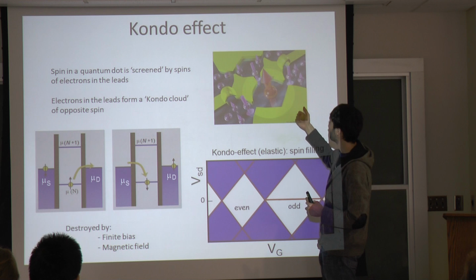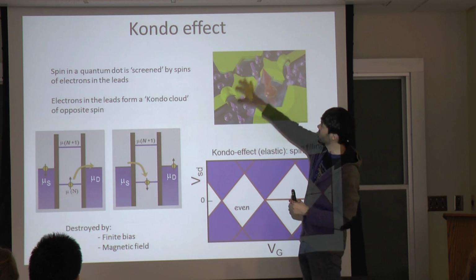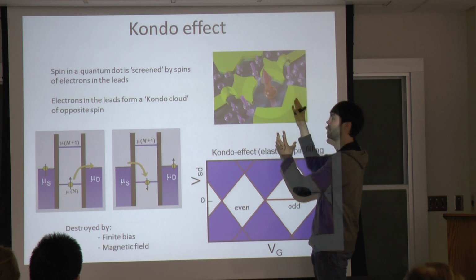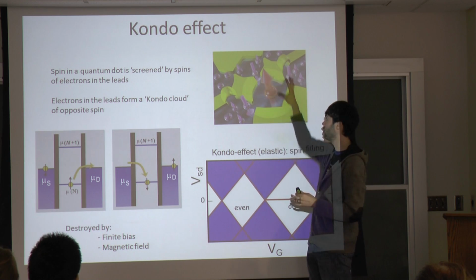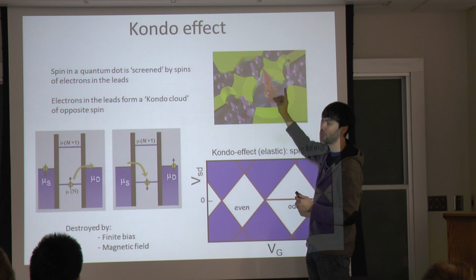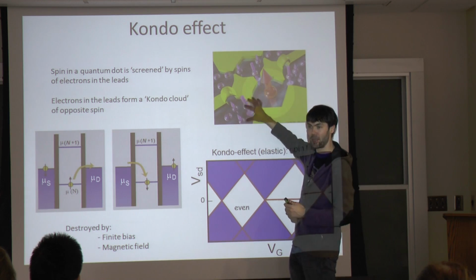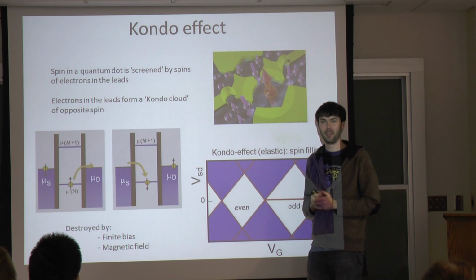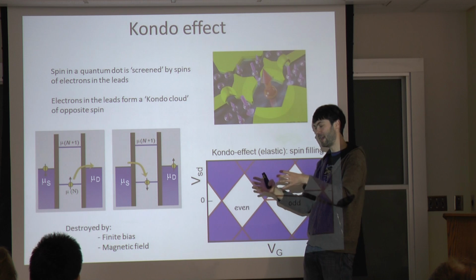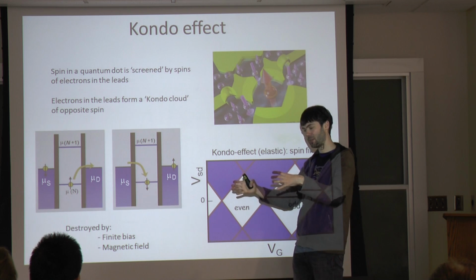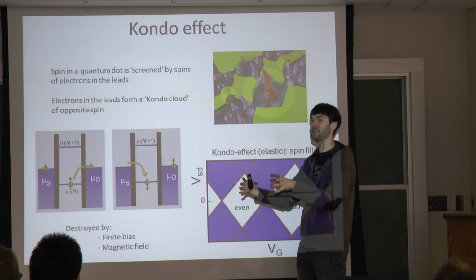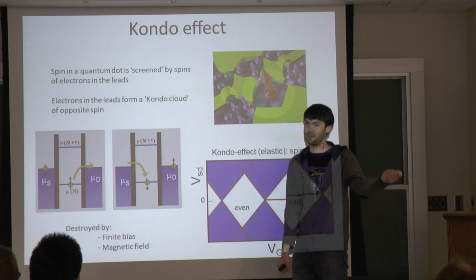exchange. And then electrons that fly around in the leads form a screening cloud around the spin to make the total spin 0. So it is as if these electrons with the opposite spin to the spin on the dot spend a little bit more time next to the spin. And so they form this dynamic cloud, and on average some of them are trapped close to the spin a little bit longer. So they sit in this cloud for a while, and then they fly away.